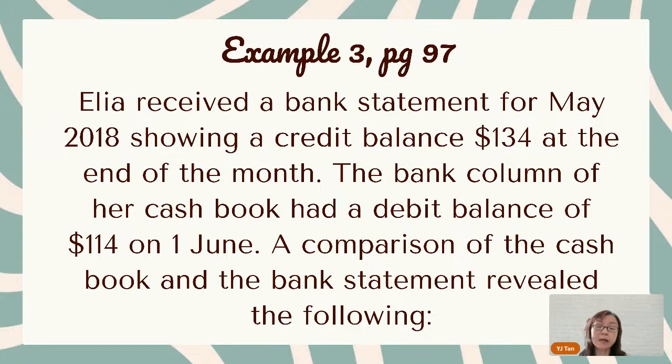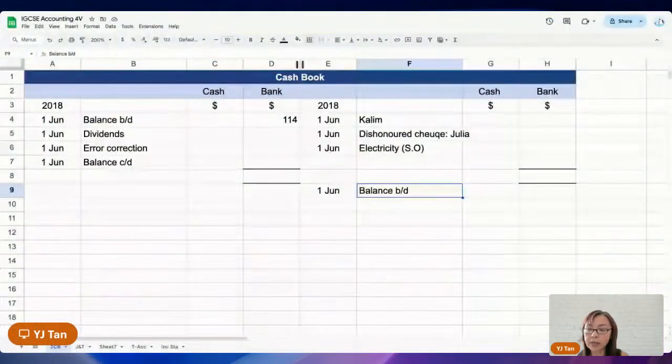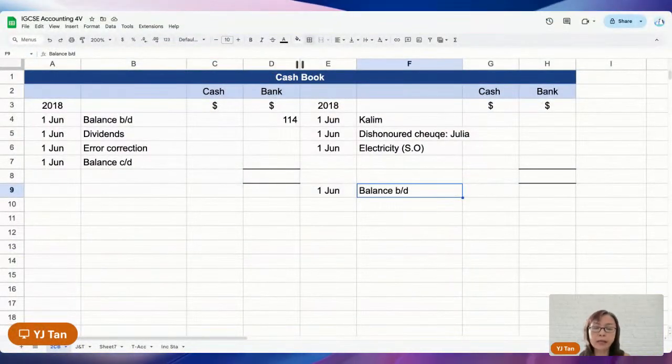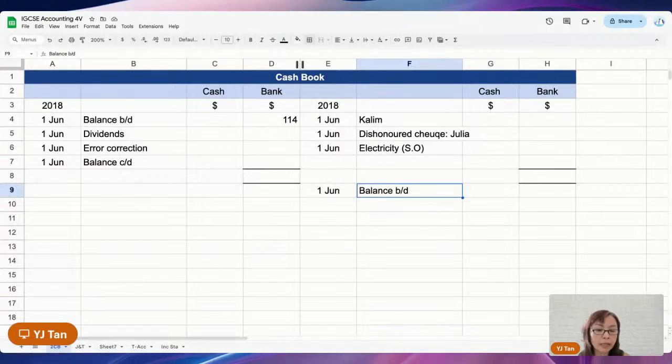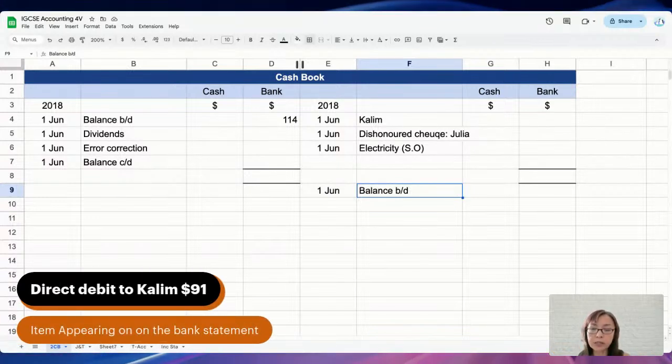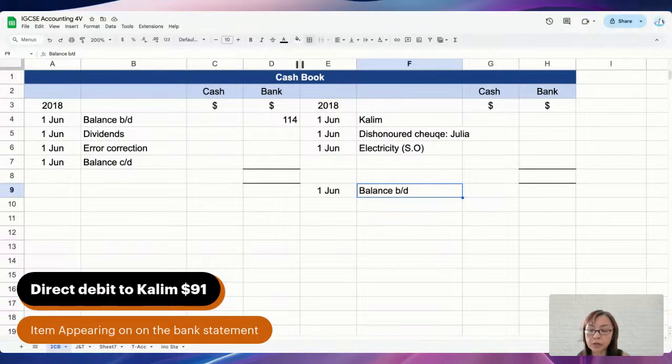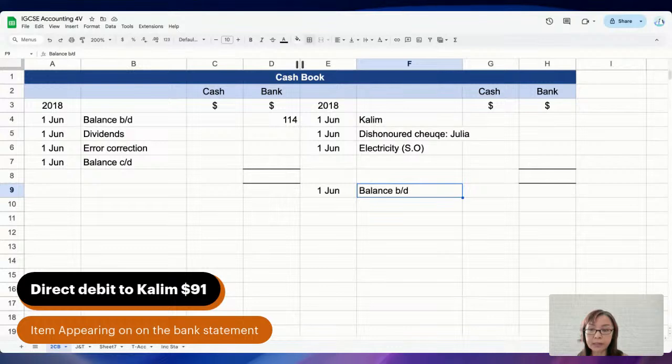There is a comparison of the cash book and the bank statement reviewed with the following items, so we will check one by one. I already prepared the cash book of Elia. Let's have a look at the first item, which appears on the bank statement but we need to make the adjustment in the cash book now.